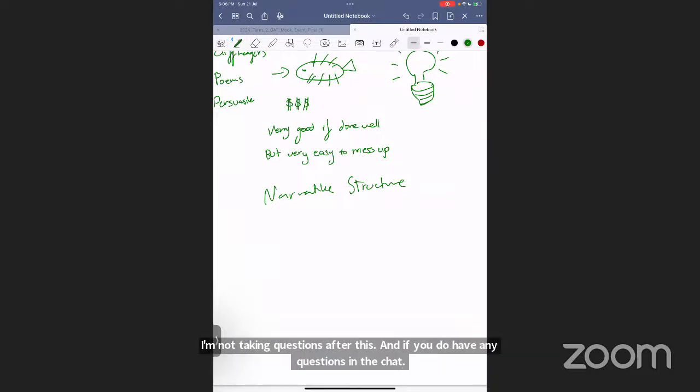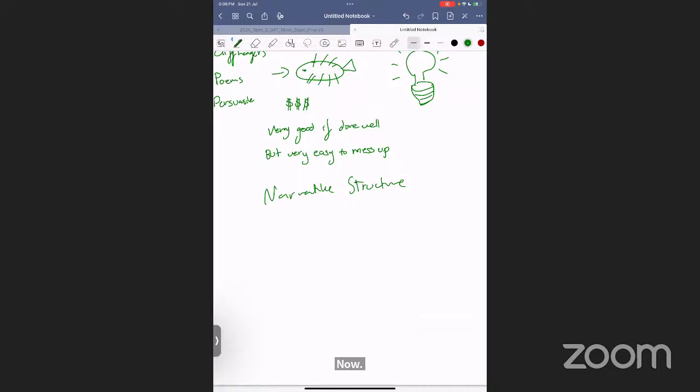Now, with both persuasive and narrative, I don't really mind. If you ask me, what's better, persuasive or narrative, that's like asking, what's better, ice cream or pizza? And the answer is, it depends, right? If it's a hot day at the beach, I would like ice cream.